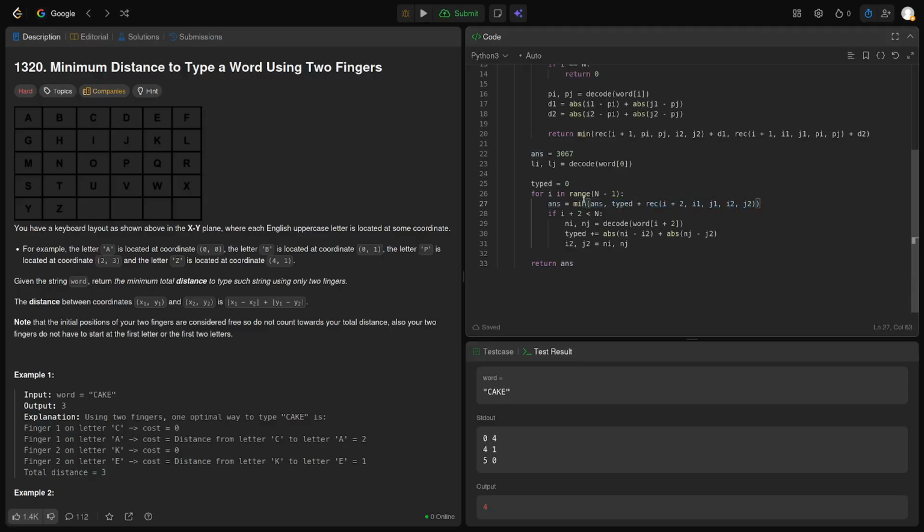Weird. So we have placed this finger here, and let's say the other finger will be placed RJ, decode word I plus 1, right? RJ, right? And if we have that, then new left I, new left J, is this?